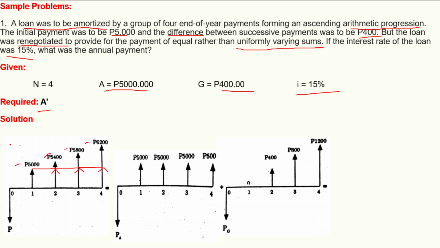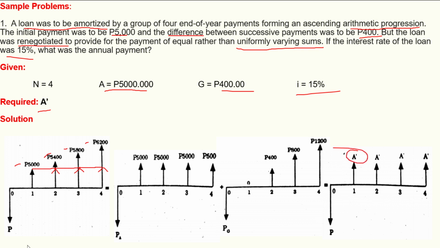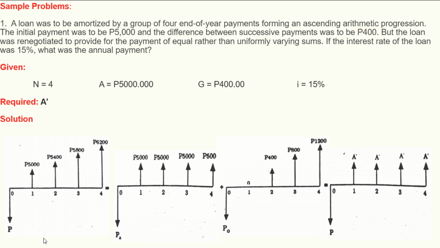So, from arithmetic progression, gustong gawin as ordinary annuity. So, ganito ang gustong gawin sa kasunduan. Series of equal payment. So, ang hinahanap, A prime. Okay? Okay. So, gawin natin ordinary annuity.